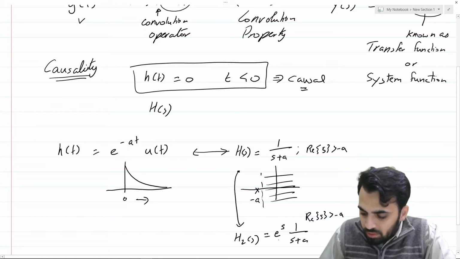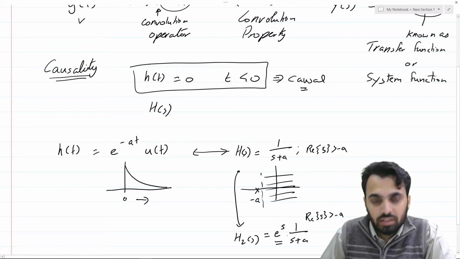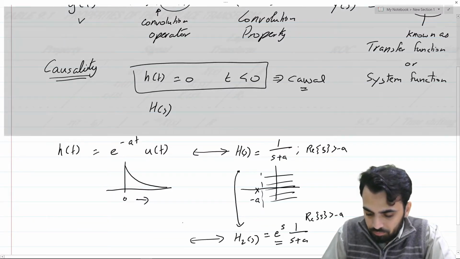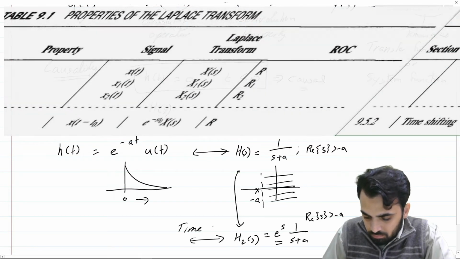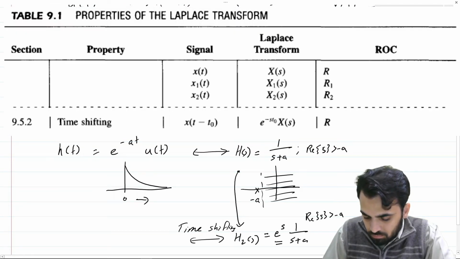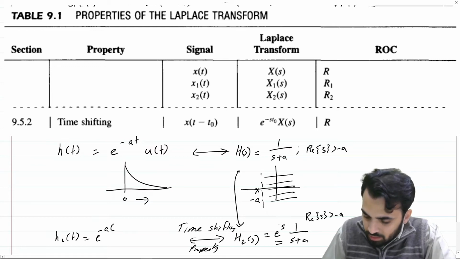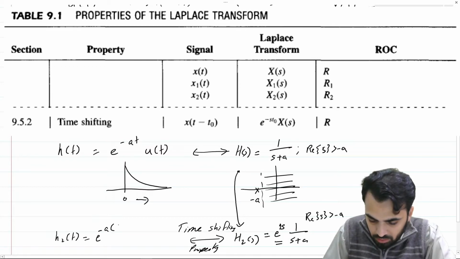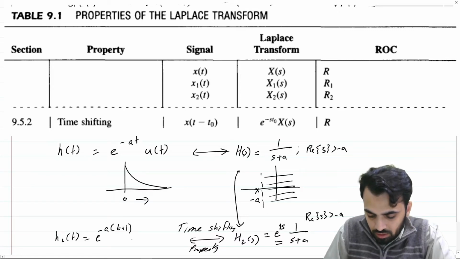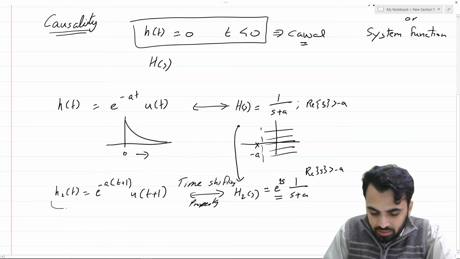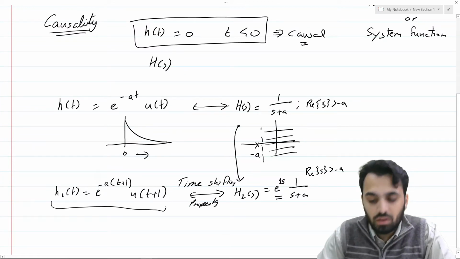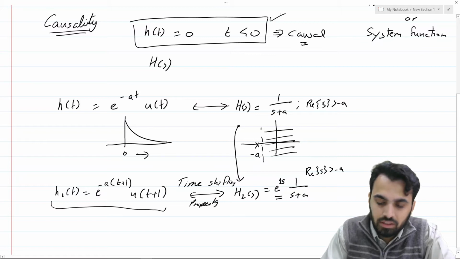If we are multiplying by e raised to power s, then from the time shifting property, we have h2 of t, which will be simply e to the minus a, and then we have a 1 here, so this will become t plus 1, times u of t plus 1. Now this signal is clearly not causal because it is not satisfying this condition.